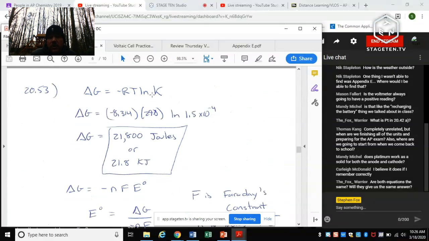You could set this part of this equation equal to that part of that equation. But this is the equation we would use if we have equilibrium constant and we want delta G, or we want delta G and we need equilibrium constant. And this would be the equation we use if we have delta G and we want cell potential, or we have cell potential and we want delta G. Does that make sense? Does that answer your question?